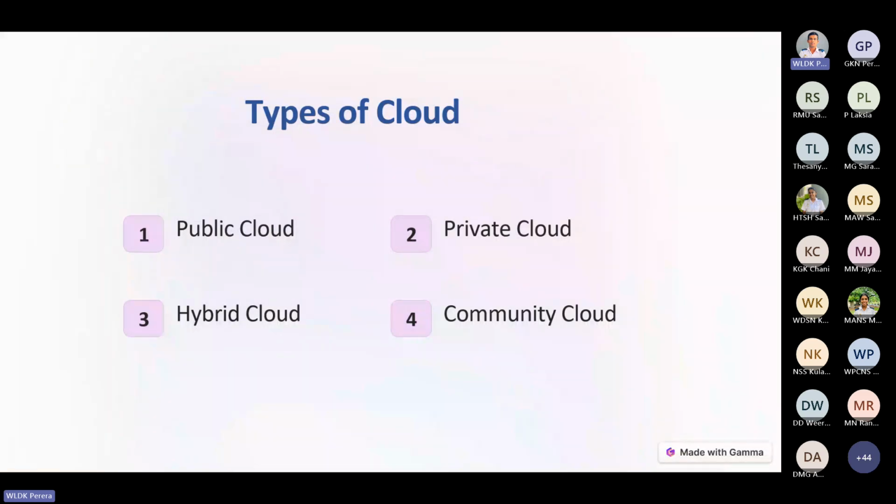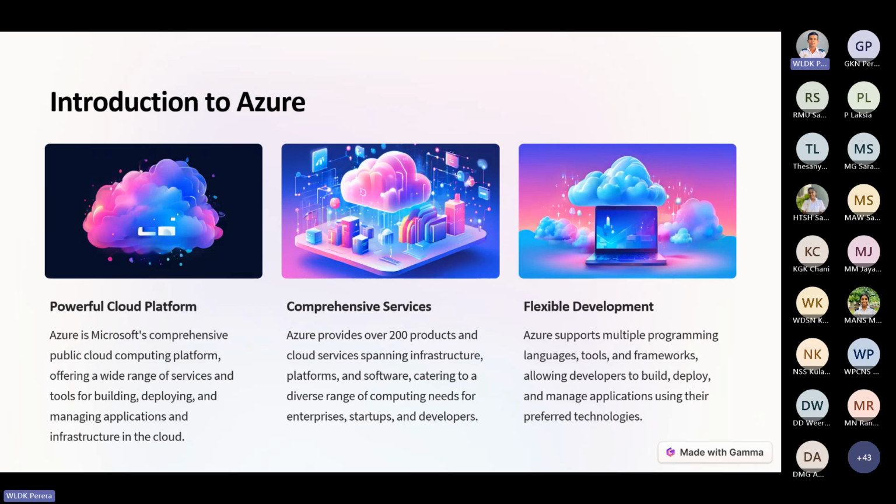Let's see what is the best cloud computing provider we can pick. There are several cloud computing providers, as I said earlier: Microsoft Azure, AWS, and Google Cloud Provider, also known as GCP. But let's see why Azure is more important than the other two providers.